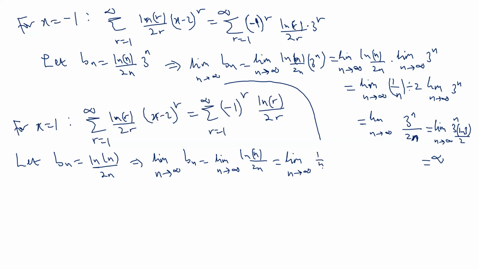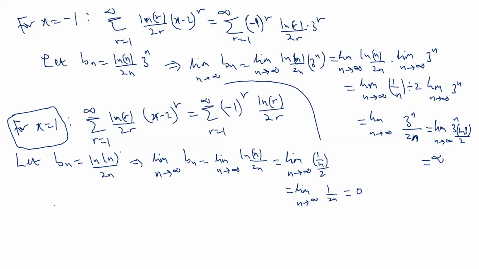The derivative of the top is 1 over n divided by 2, so the limit as n approaches infinity of 1 over 2n is 0. Beautiful. Now, we suspect therefore that this is decreasing. It must be decreasing for us to conclude on convergence for the part where x equals 1.